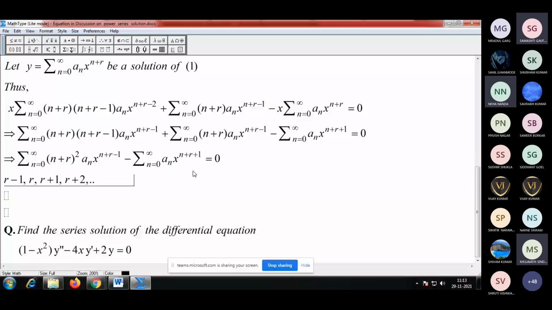This indicates that two terms are extra in the first summation, so those terms can be separated.